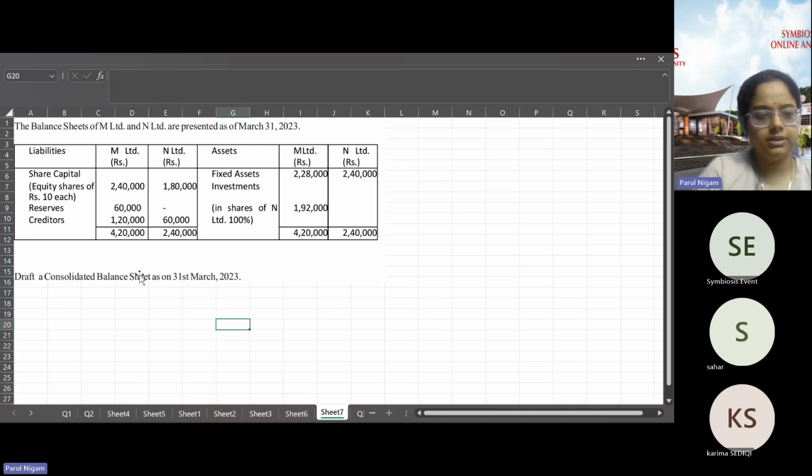Let's see the solution. We'll see that the value of investment is 1,92,000.